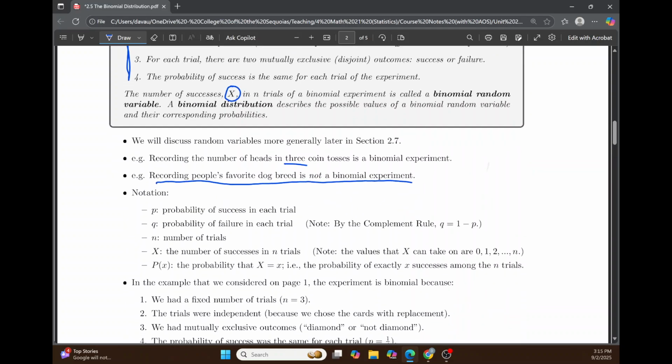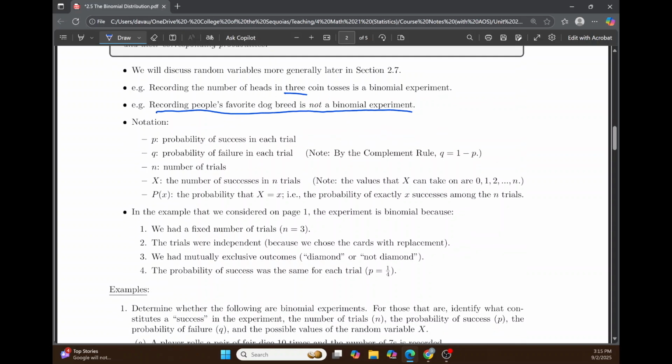Now, if you do have a binomial experiment, then here's some notation that we'll use to describe it. A lowercase p is always going to represent the probability of success for each trial, and a lowercase q is always going to represent the probability of failure in each trial.